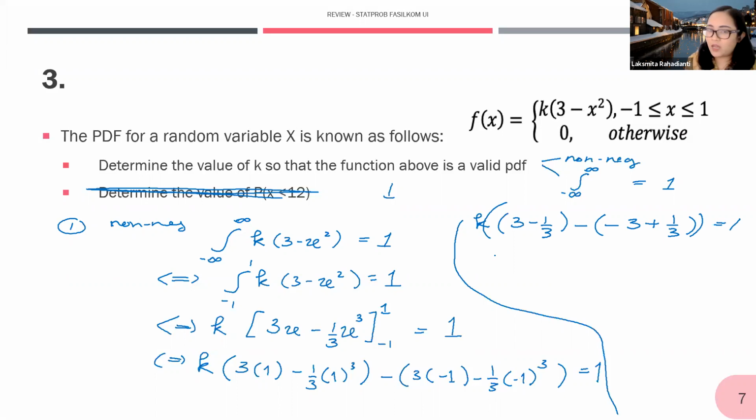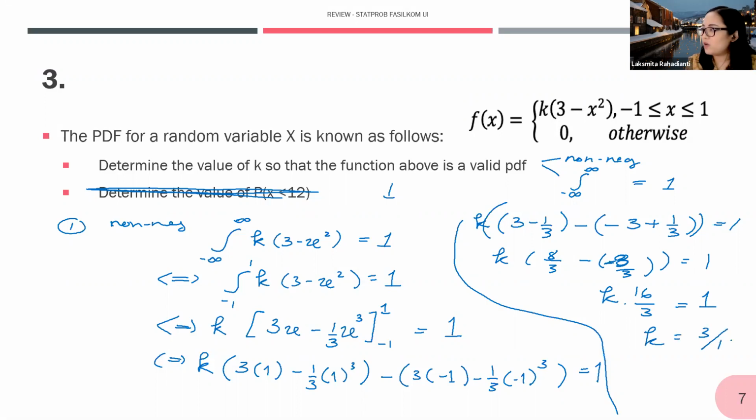And thus, I can have 8/3 minus -8/3 equals 1. K, these are two negatives, so now I have 16/3 K equals 1. K is 3/16.